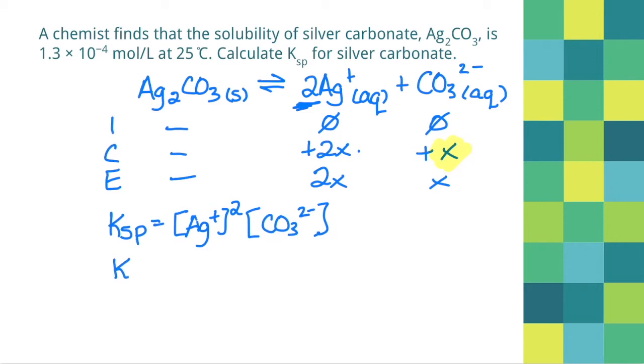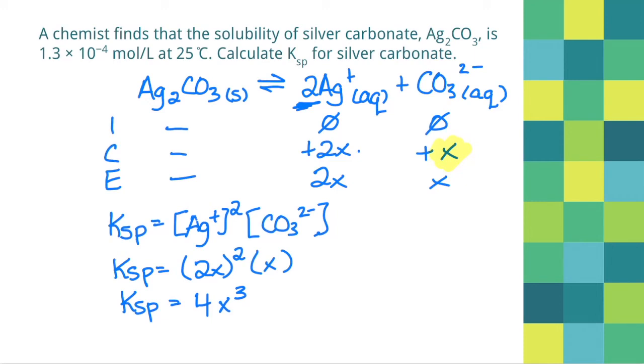So we're solving for Ksp, and let's plug in our equilibrium expressions from our ice table. For silver, we've got 2x, and that's all squared, times x. Now remember, the 2x is all squared, so that's going to become 4x squared, times x is going to become 4x cubed.